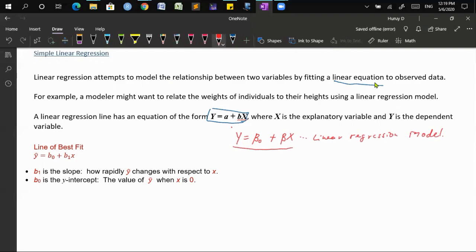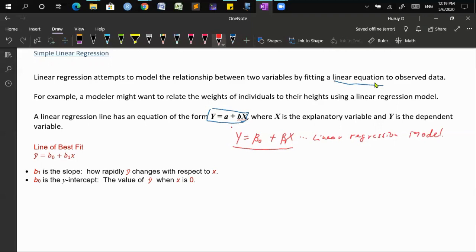This one is the population model. But the thing is, we don't know beta naught, and we don't know beta sub 1. So we don't know these two values. Okay, this is just the model.